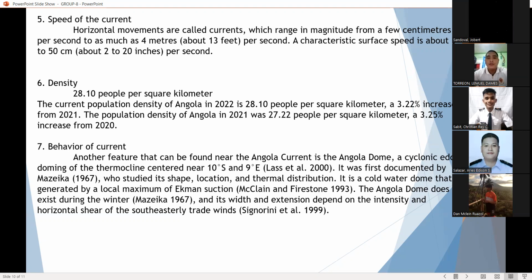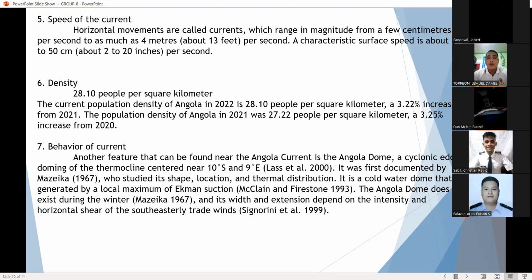Then next is behavior of the current. Another feature that can be found near the Angola Current is the Angola Dome, a cyclonic eddy doming of the thermocline centered near 10 degrees south and 9 degrees east. It was first documented by Mazeika, who studied its shape, location, and thermal distribution.